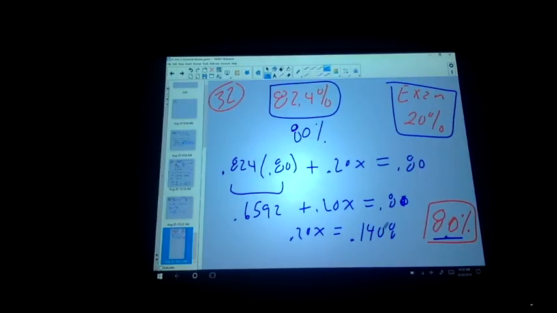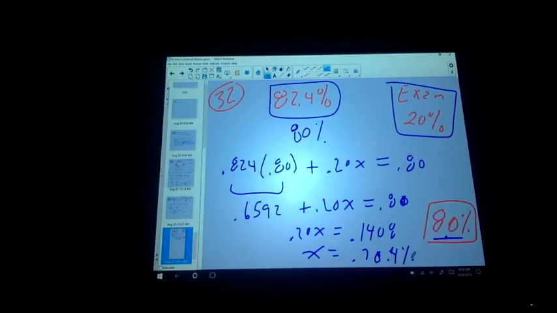Divide it now by 0.20. 0.1408 divided by 0.2 is 0.704. So 70.4% is what you need to get on the final to keep your B.